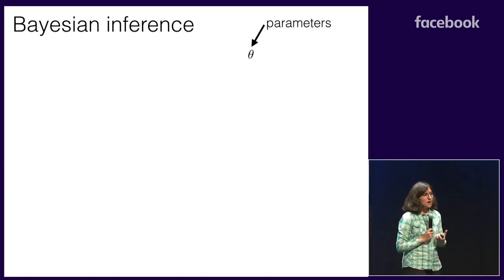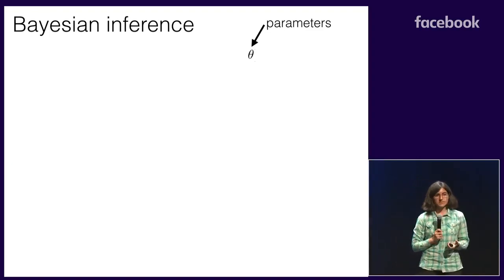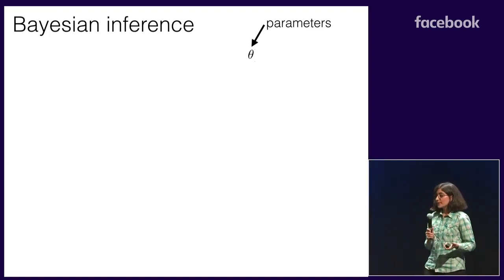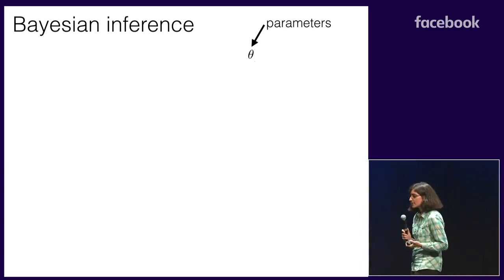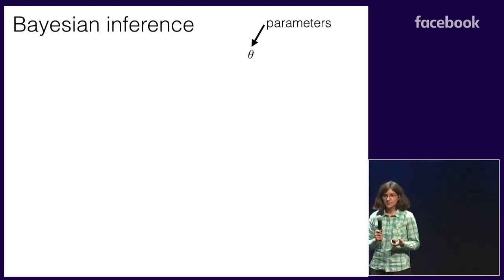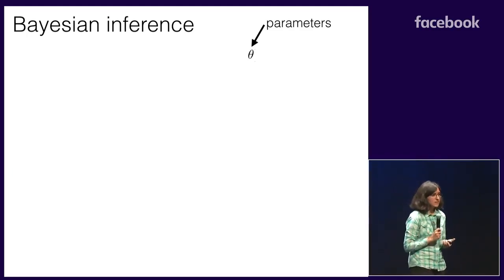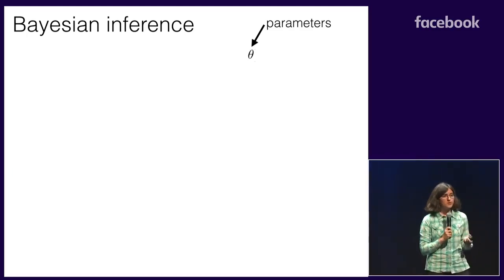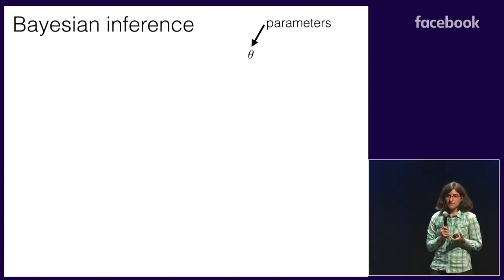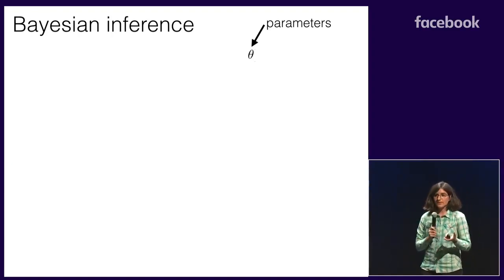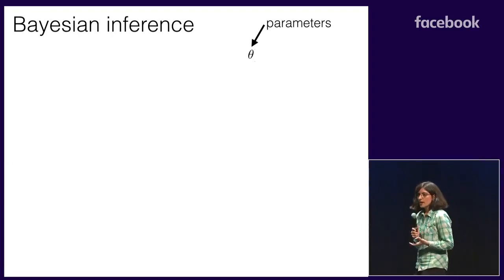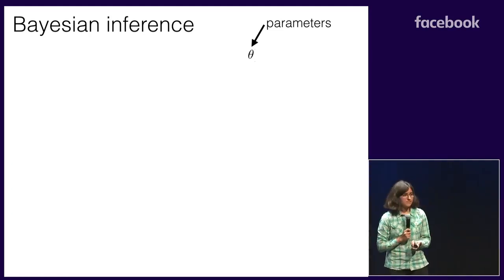Maybe we don't know how much microcredit is increasing business profit in each country that we look at. We don't know how much it's increasing business profit across all the countries. We don't know the base business profit in each country. We don't know the base business profit about all the countries. There are plenty of other things that we don't know, and so we collect them all in this high dimensional, or at the very least moderate dimensional, parameter vector, let's call it theta.